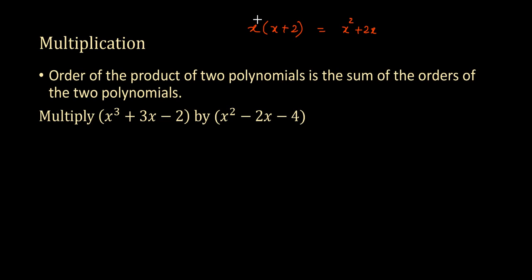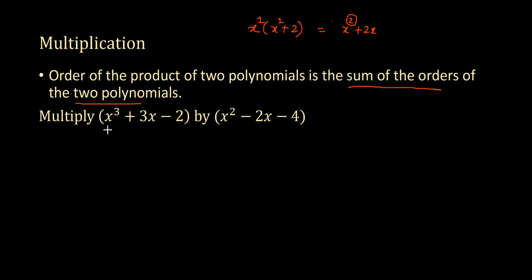The order of the first polynomial was 1, of the second polynomial was also 1, but in the result after multiplication the order comes out to be 2. So orders get added. This is the meaning of the sum of the orders of the individual polynomials that you are multiplying. We just have to multiply each term with each term of the second polynomial.